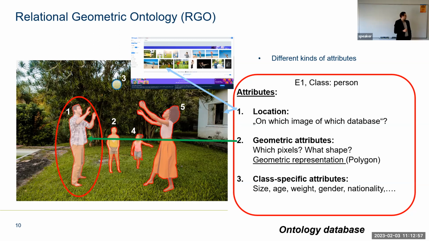Maybe, if there's another database somewhere else, a registry of the government, I could pull out some information and then assign the nationality, but not in the general case. Of course, these class-specific attributes only make sense for a person. If you think about the ball, it doesn't make sense to talk about nationality. But the ball could have an attribute, a diameter. Please keep the ball in mind. We will talk about this later once again.